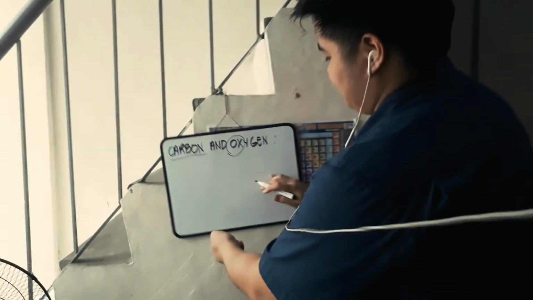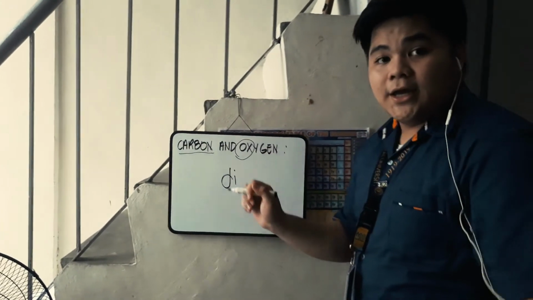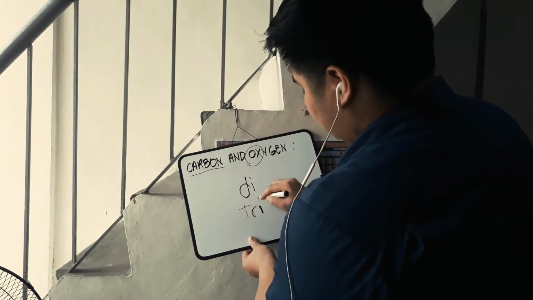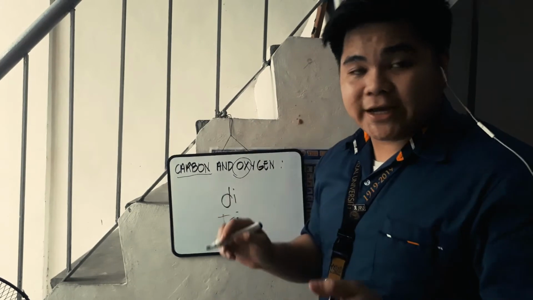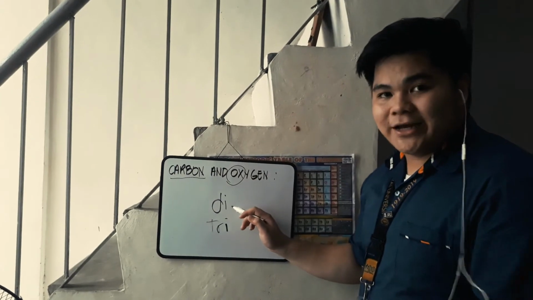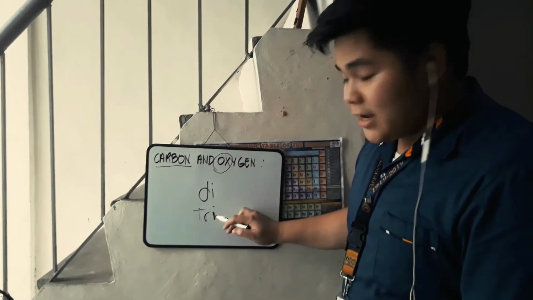And the second one, if the second element is two non-metal elements, we will add prefix di, like this one is equal to 2, and the 3 is equal to tri. This is dioxide. If there are two oxygen, we will call it dioxide. If there are 3 oxygen, we will call it trioxide.